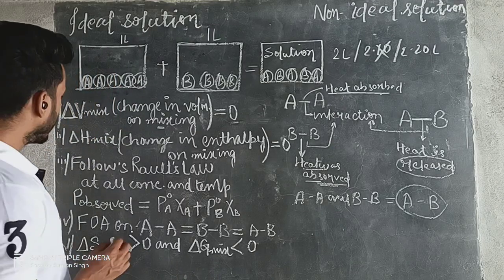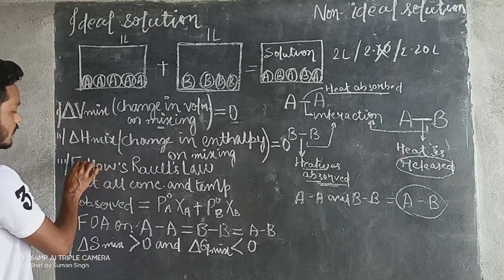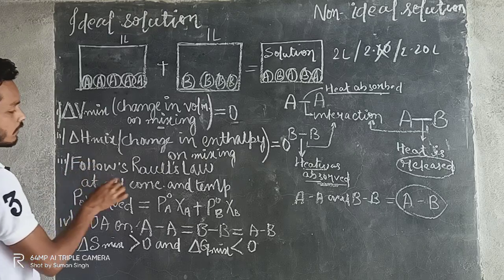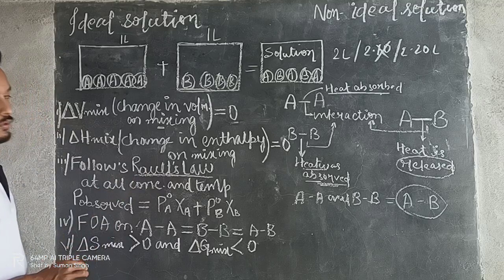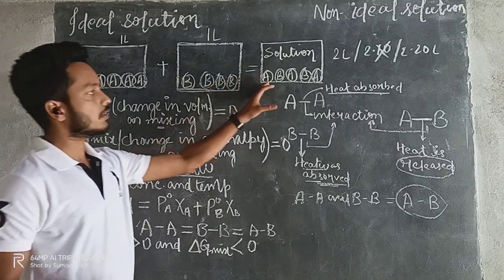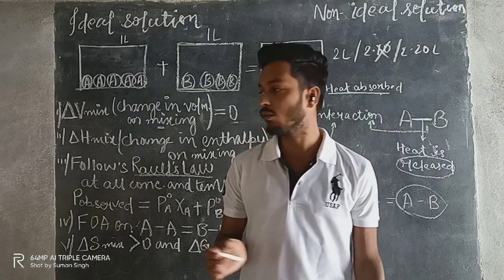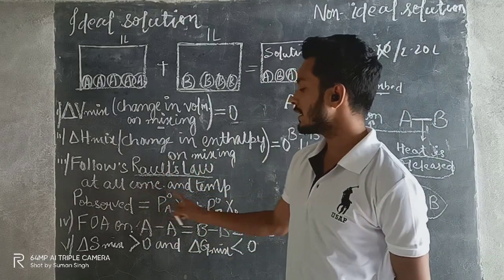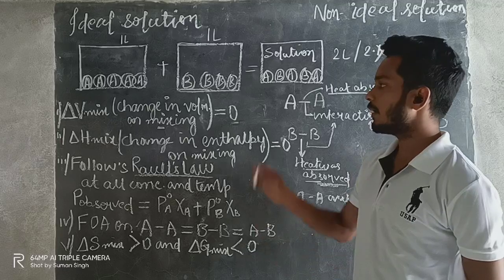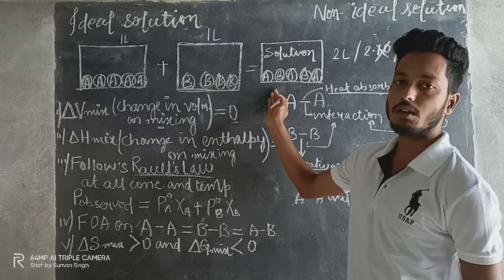Now, the next thing, the third thing, which is very important, Raoult's law. We have discussed this Raoult's law, right? So if any solution follows Raoult's law at all concentrations and temperatures, at that time this type of solution is called an ideal solution.